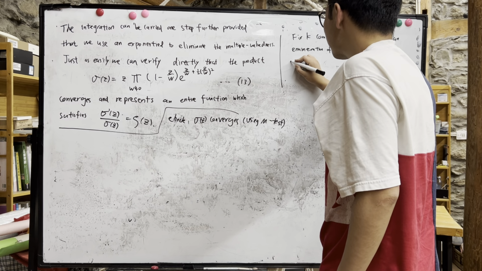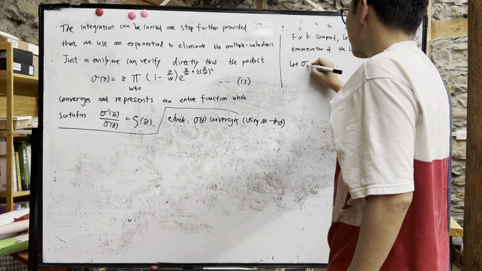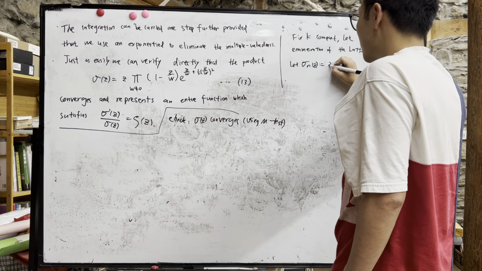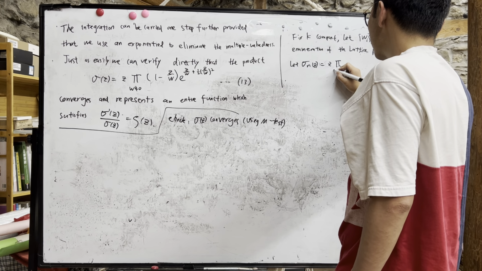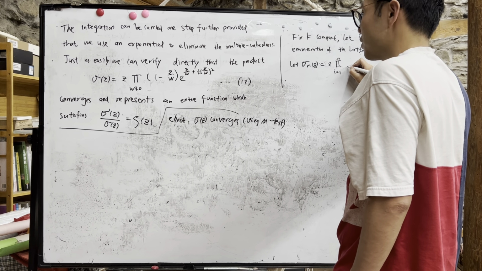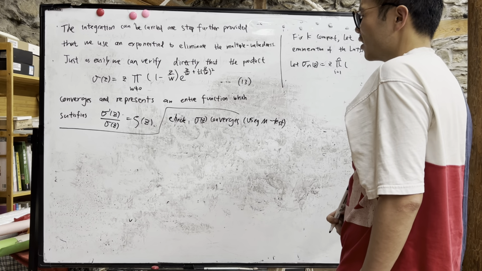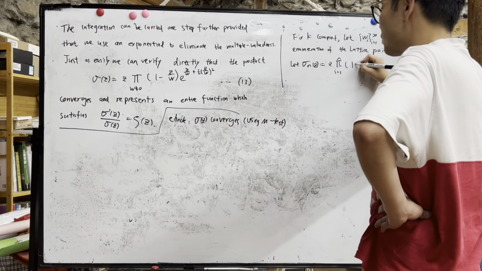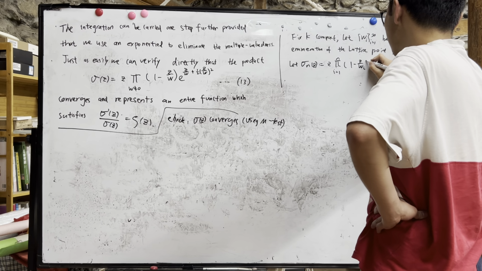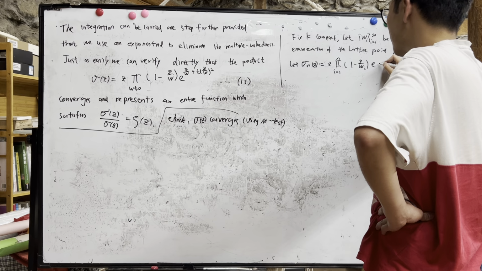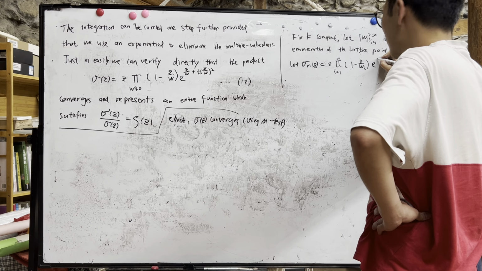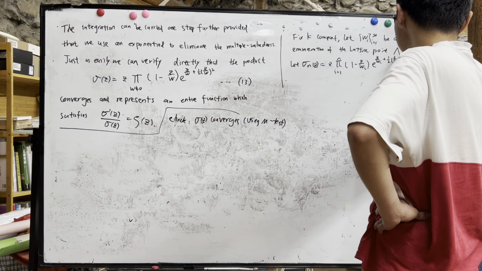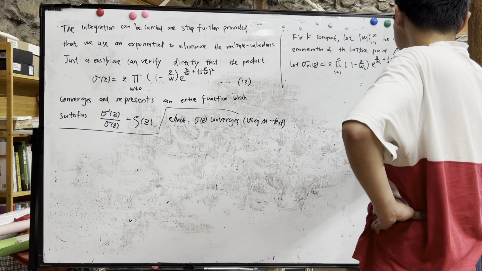So now let's define the partial product to be z times the product of i from 1 to n of (1 minus z over omega_i) times e to the (z over omega_i plus 1/2 times (z over omega_i) squared), right?